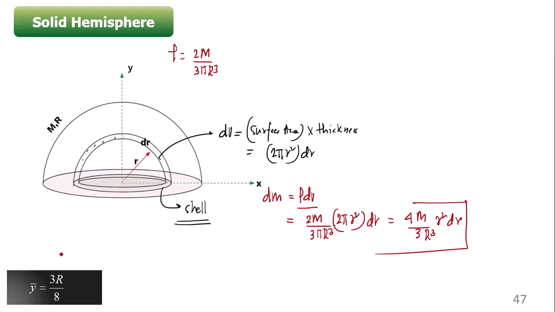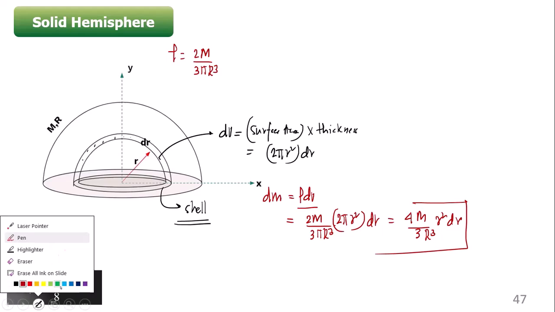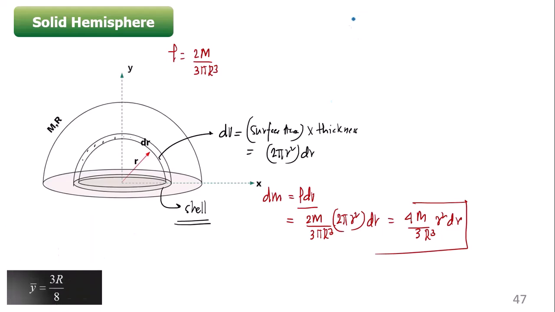Once I calculate the dm number, now I can proceed to calculate the y coordinate of the center of mass. Again, the formula is the integration of y into dm in the numerator, and the integration of dm, which I am simply writing as m, in the denominator. Now, this y is the y coordinate of the element. The element is a hemispherical shell. For the shell geometry, the hollow hemisphere, the center of mass is at a distance of r by 2 from the bottommost position.